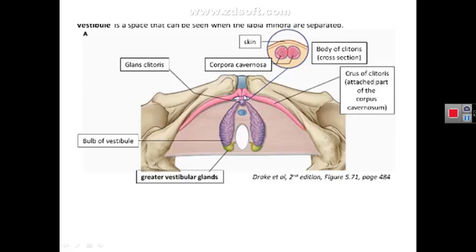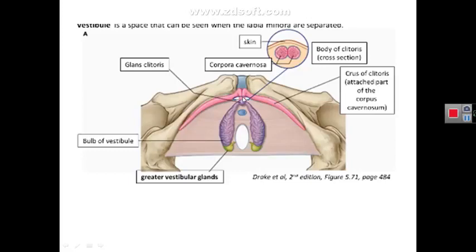You don't have corpus spongiosum in the clitoris. You have only corpus cavernosum. The clitoris is formed by corpus cavernosum only. Each corpus cavernosum is a forward continuation of the crura of the clitoris.